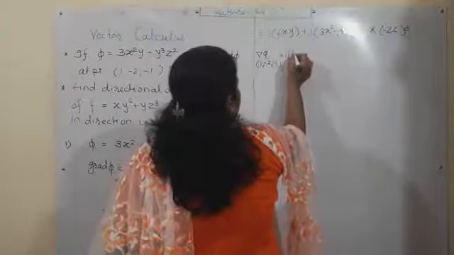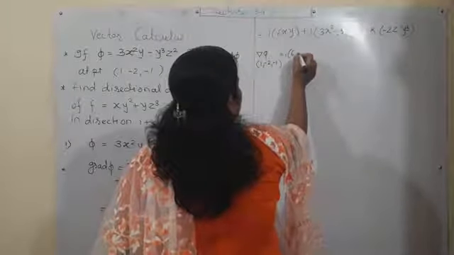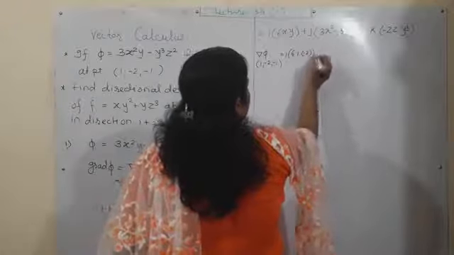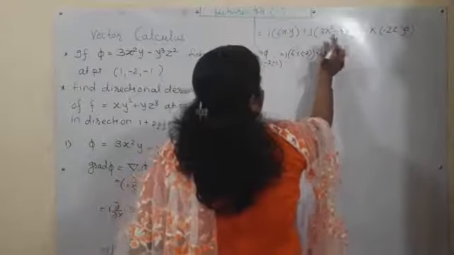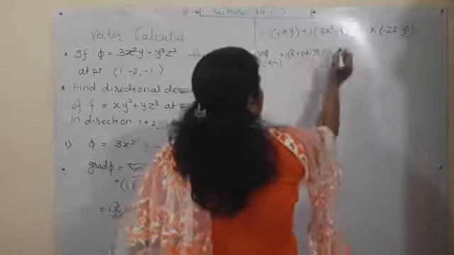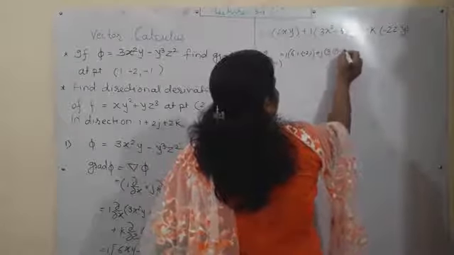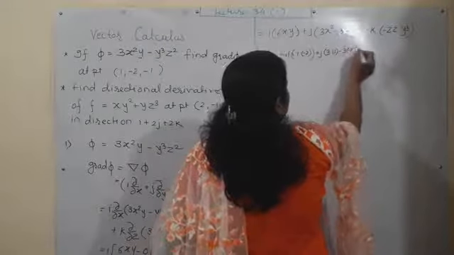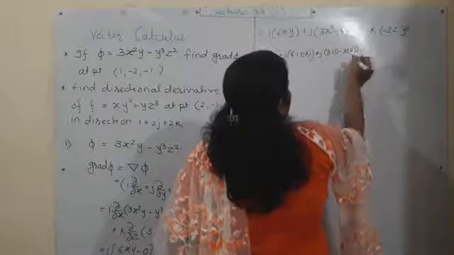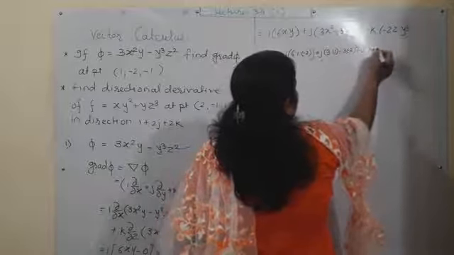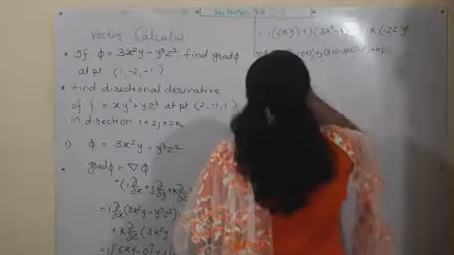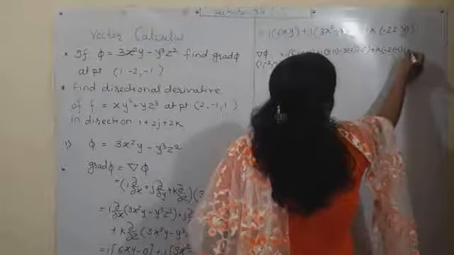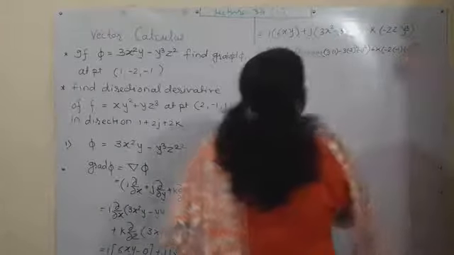So i into 6, here x is 1 into y is -2, so 1 into -2, we complete that bracket, plus j into 3 x square is nothing but 1 square, so simply 1, minus 3, y square is (-2) square, z is (-1) square. So the bracket is complete, that whole term. Then plus k into minus 2, z is minus 1 and y is minus 2, so that is (-2) cube.